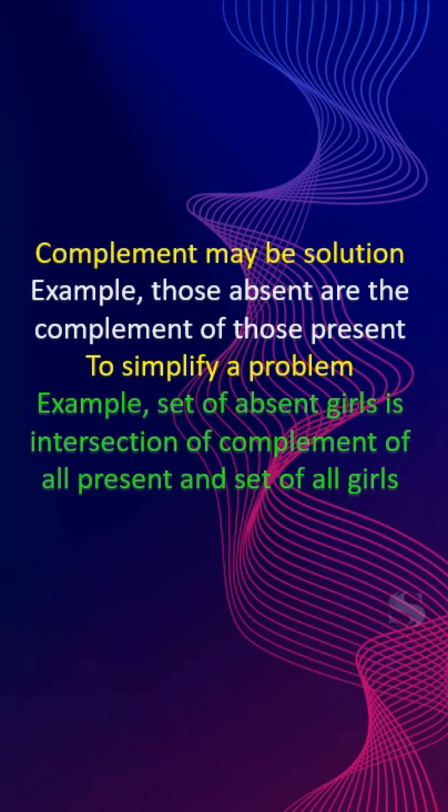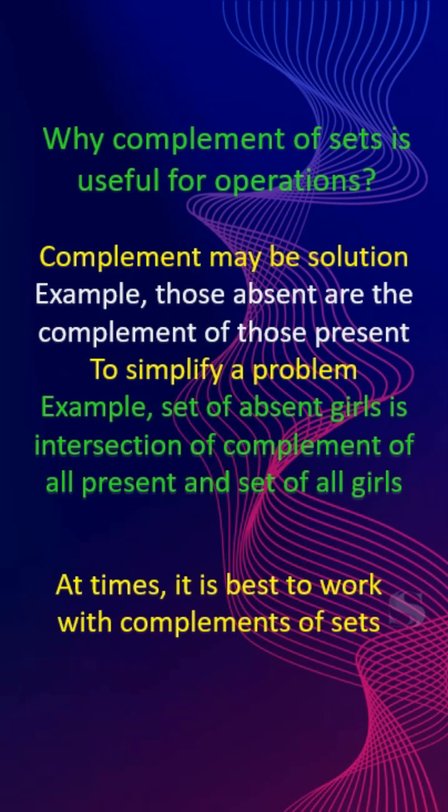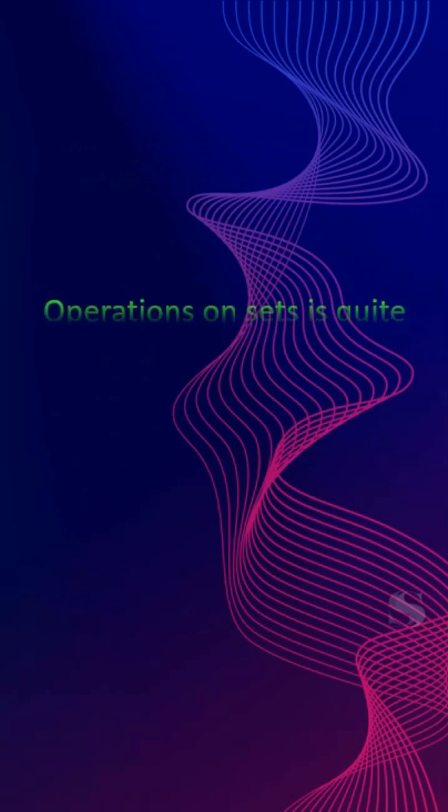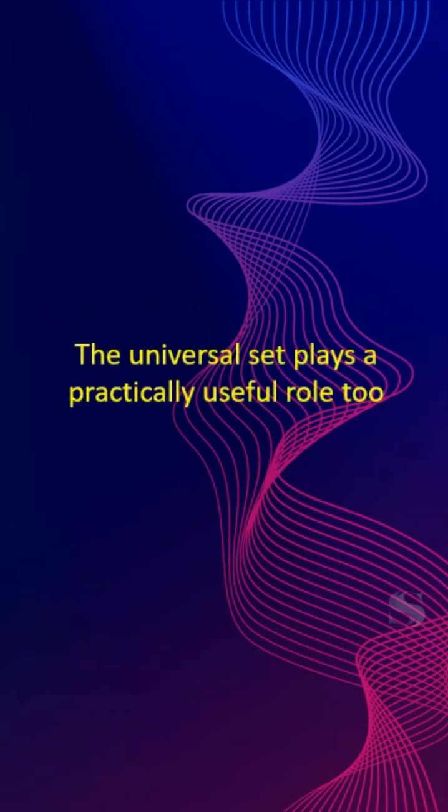For instance, a set of absent girls is the intersecting set of the complement of all the girls present and the set of all girls or the universal set. At times, it is best to work with the complements of sets. Operations on sets are quite simplified by visualizing them using Venn diagrams. The universal set plays a useful role too.